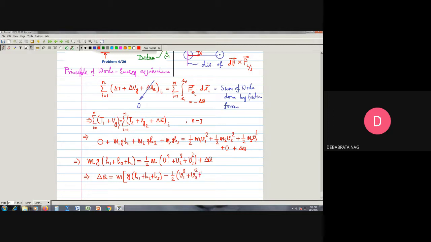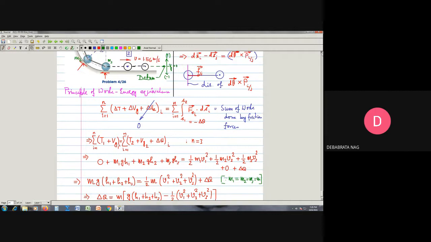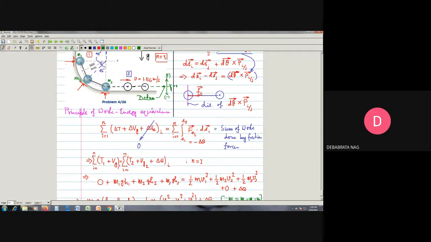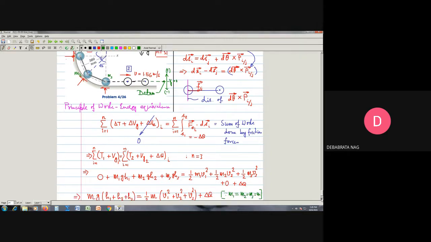Now we need more simplification here. First of all, we note that M1 is equal to M2 is equal to M3, and we take them to be equal to M. Now again, looking at the mechanical aspect, since the three masses are moving in a translational manner, all the velocities of the masses will have to be equal.